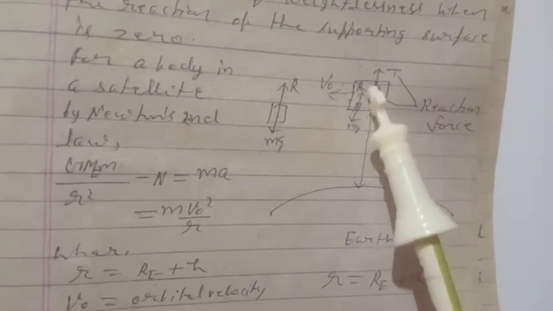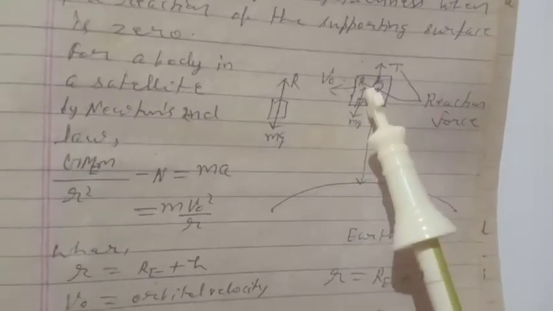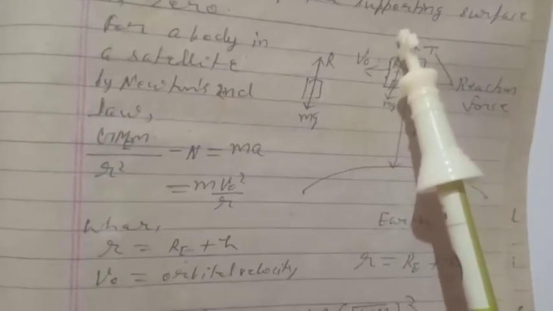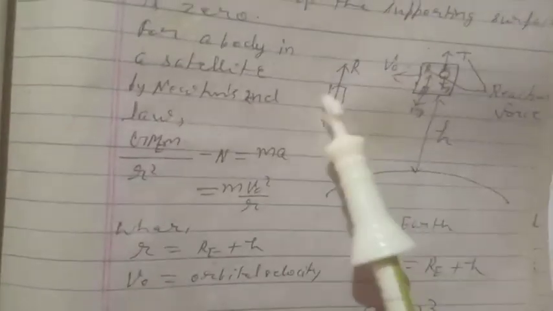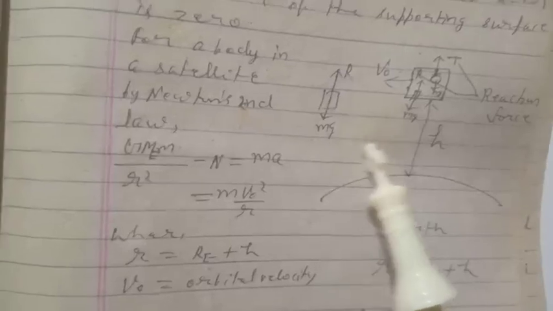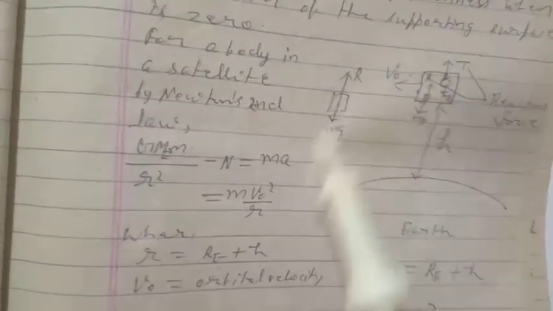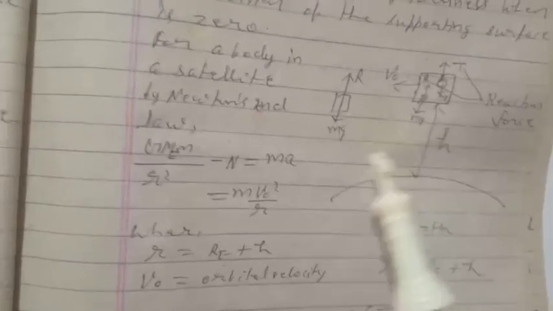Here the situation is shown: because the body is in the satellite, weight is acting in the downward direction and normal reaction is acting in the upward direction. This shows the free body diagram, N and mg, and because it is revolving in a circular path, there must be a centripetal force also.